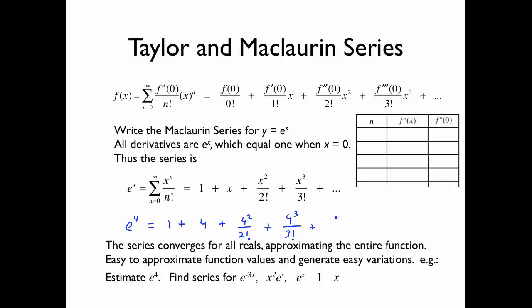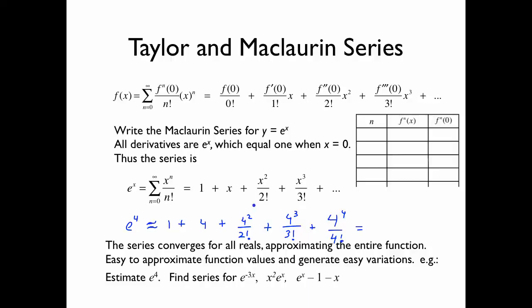So let's take it out to this many decimal places and see how close it is. This is approximate now, not equal. As soon as we stop and don't keep adding on terms, we have an approximation to e to the 4th, and not exactly e to the 4th.